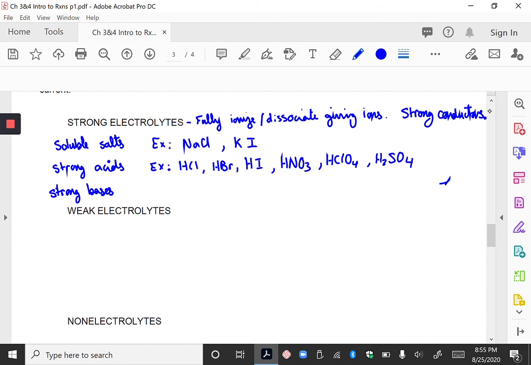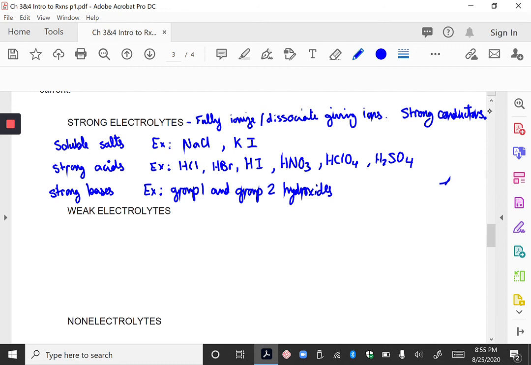And then finally, strong bases. They also fully dissociate to give off ions, and they're strong conductors. Strong bases are group 1 and group 2 hydroxides. What does that mean? That means hydroxide ion bonded to a group 1 or group 2 metal.